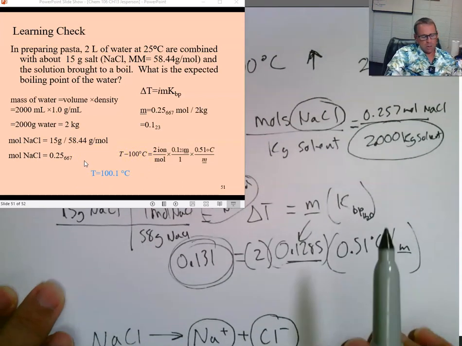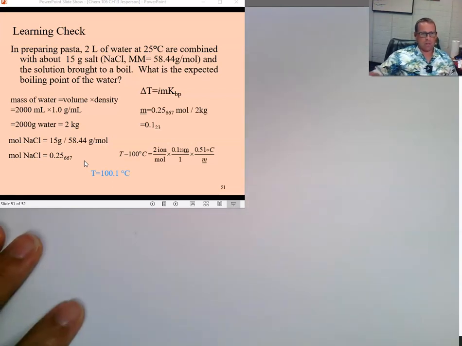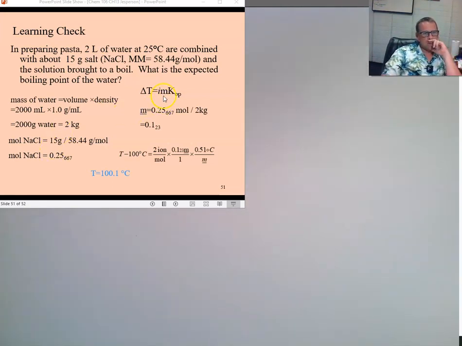Okay, so we want to make sure we captured all the different steps there. Here it's described to us, right? Our change in temperature is the molality times the boiling point constant, but then we have to make sure we multiply by the number of ions that are resulting.